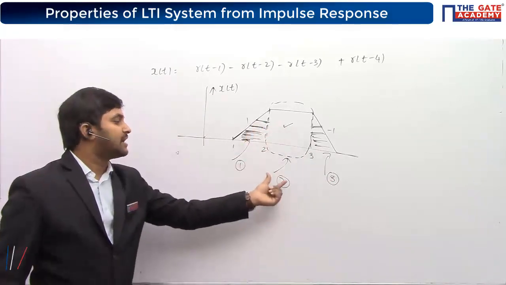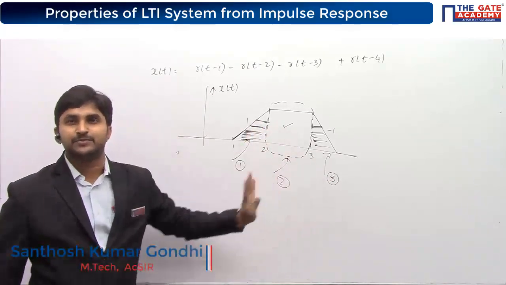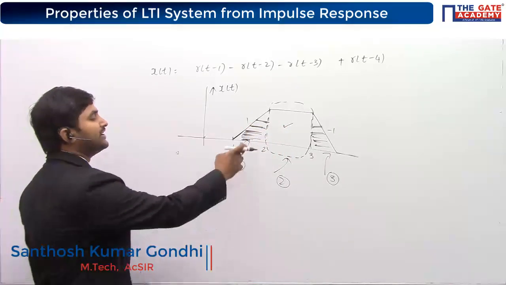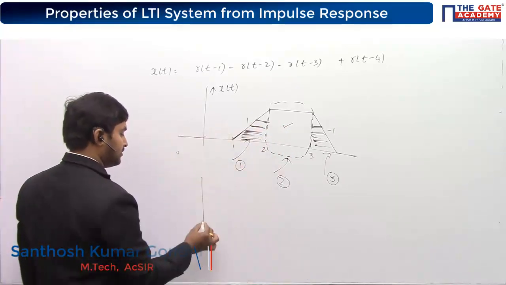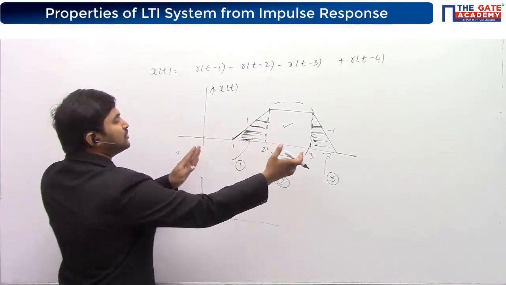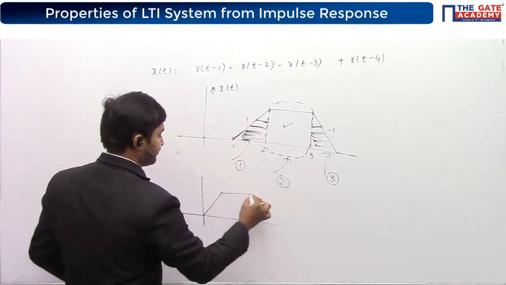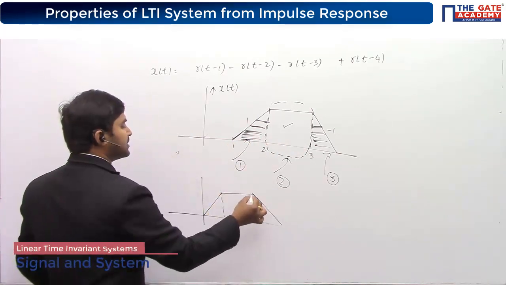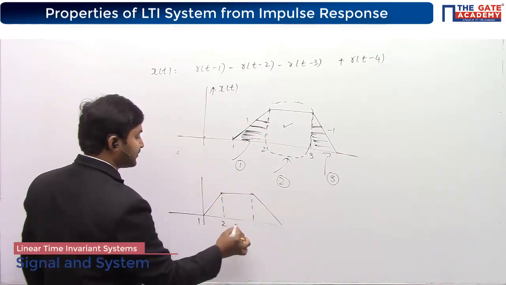Energy in 2 is very simple to find. Let us forget about this particular part. If I am able to find energy in 1, the total energy can be easily found. So I will try to shift it slightly, because I know the energy is not going to change by shifting.